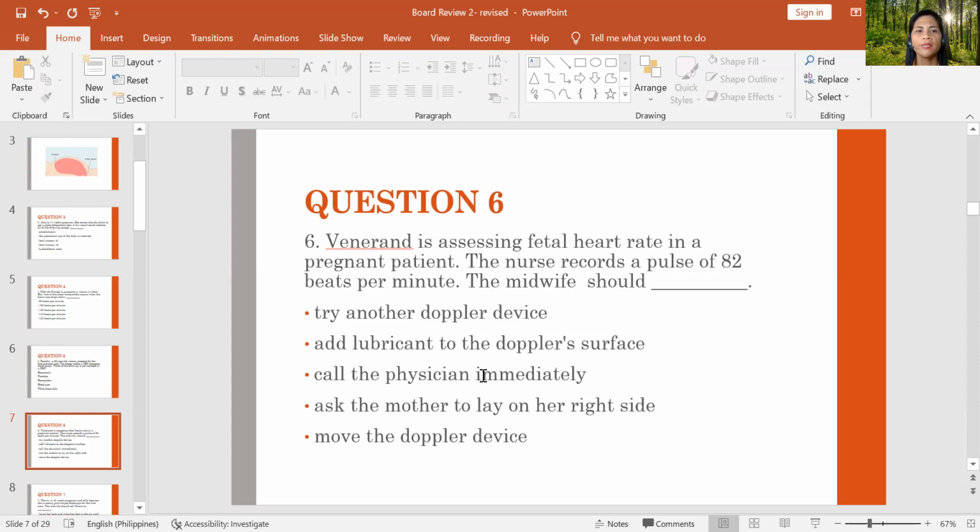So a normal fetal heart rate is between 120 to 160, di ba? So as we have learned, yun dapat ang fetal heart rate ng bata. Kasi kung mas mababa, masyado namang mababa yung 82, so you try to assess better by moving the Doppler device. Okay, you look for where you can locate it, most especially you can get it in the fetal back.